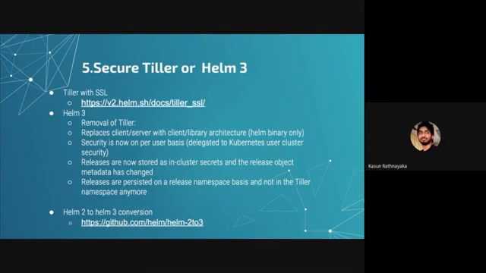In that case, you needed RBAC access for Tiller to deploy the whole stuff. That means Tiller has more access, so if somebody accesses Tiller, they can do a lot of things. In this case, you can do namespace-based deployments, which help you do more secure deployments.